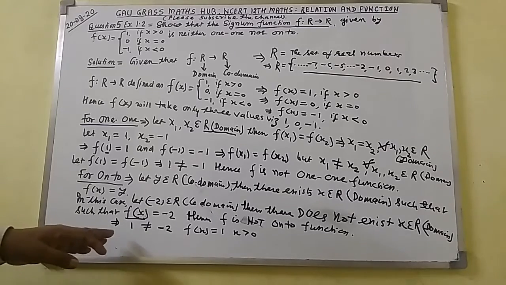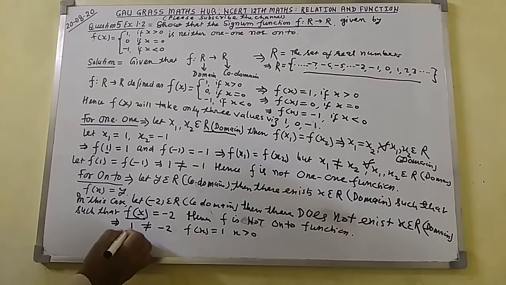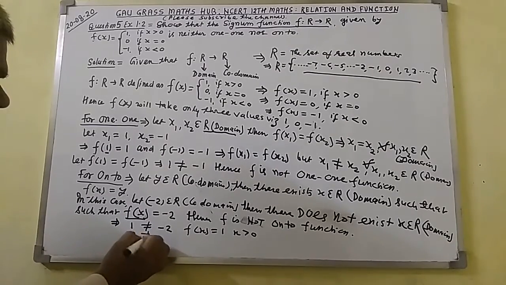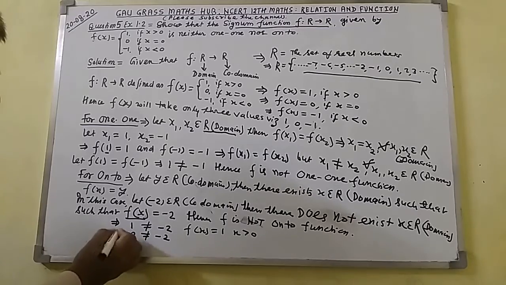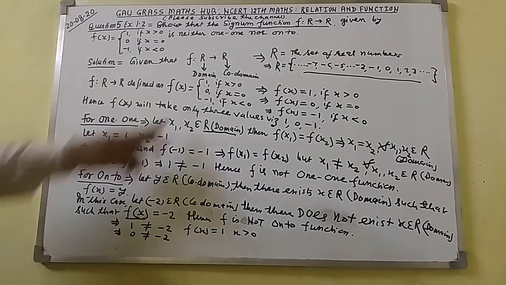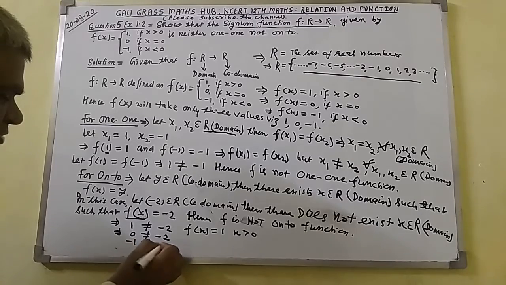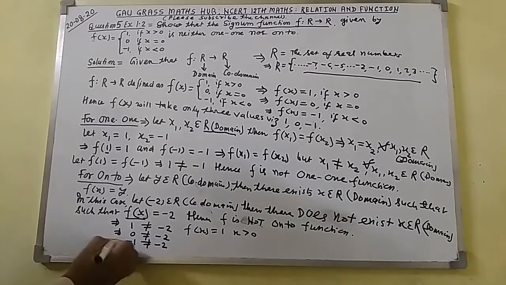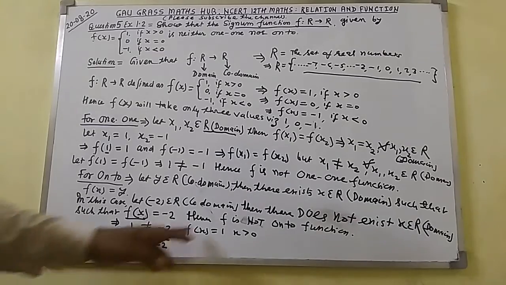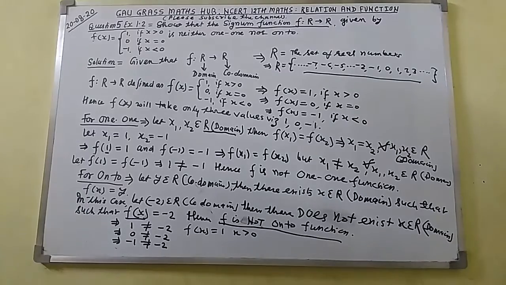If you take x equal to 0, then 0 is not equal to minus 2 in this case also. And also f(x) you will get here minus 1, so minus 1 is also not equal to minus 2. That's why here you can write f is not onto function.